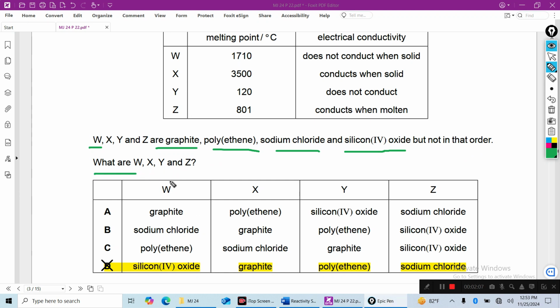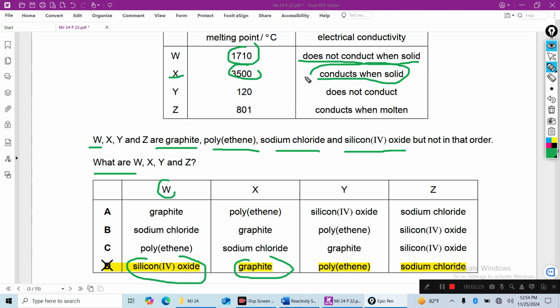So W is silicon dioxide. Why? It has a high melting point and silicon dioxide does not conduct electricity when solid. X is graphite: high melting point, a giant covalent structure, and it conducts electricity when solid because graphite has free electrons.